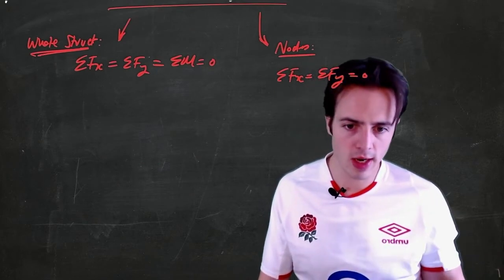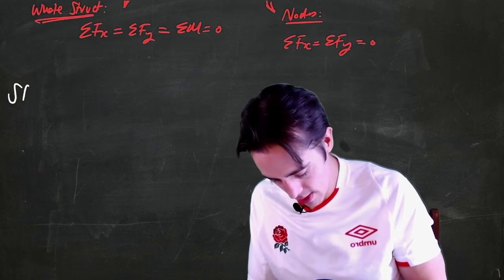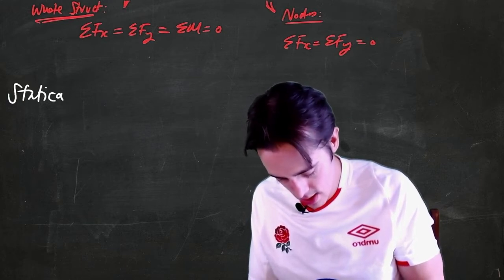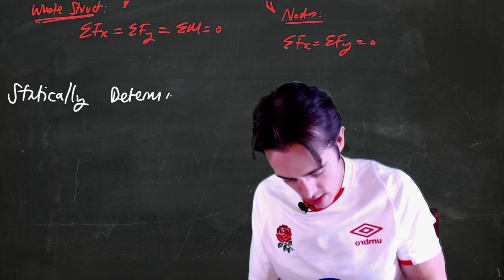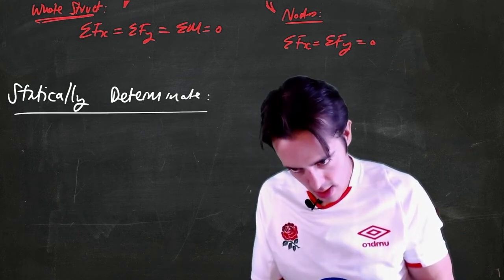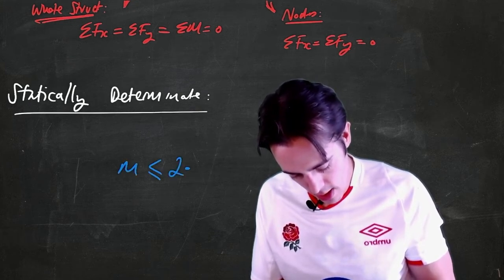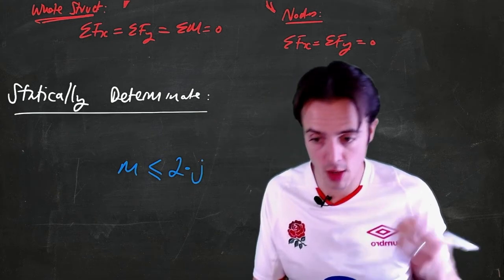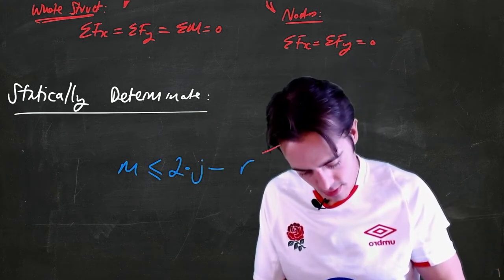So the equation that we use to determine if something is statically determinate, you say it is statically determinate if the number of members is less than or equal to 2 times the number of joints or nodes minus the number of reactions.